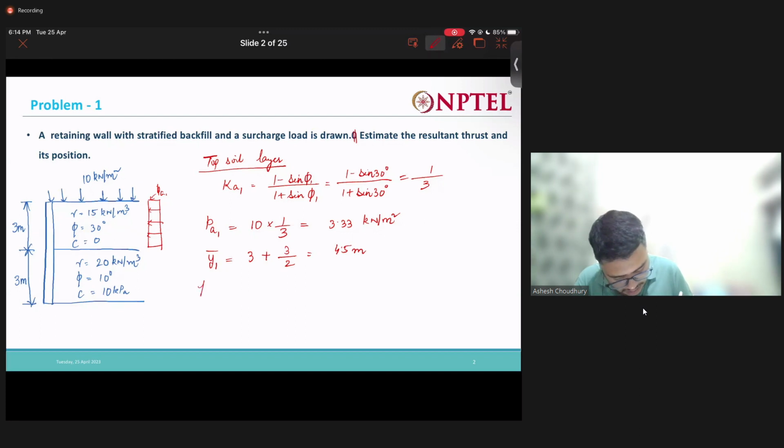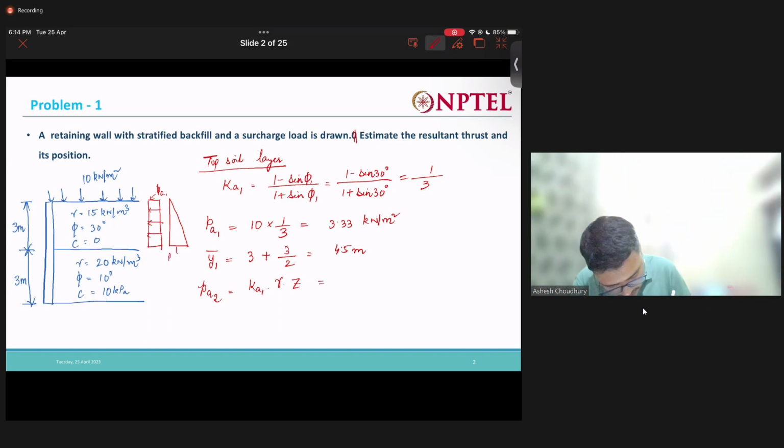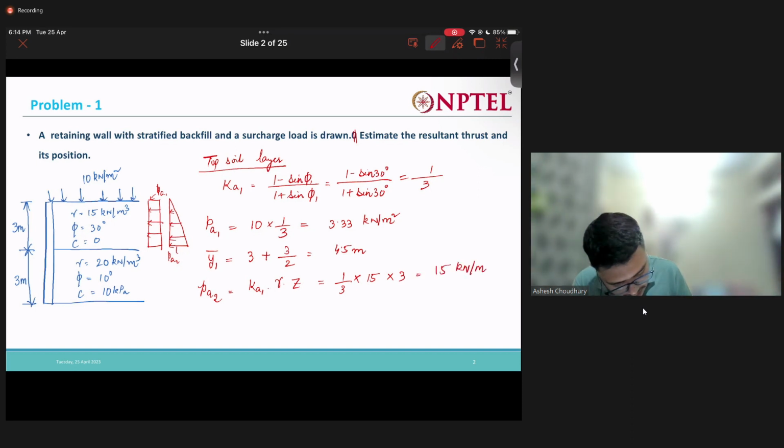Pa2 is nothing but Ka1 into gamma into Z, and this variation will be something like this, triangular. So the value is 1 by 3 into gamma, which is 15, into the depth, which is 3 meters, so it will be 15 kilonewton per meter square.